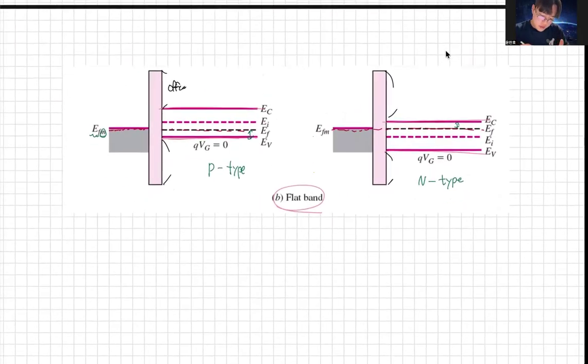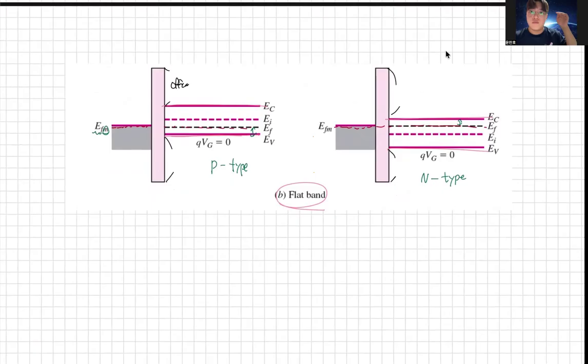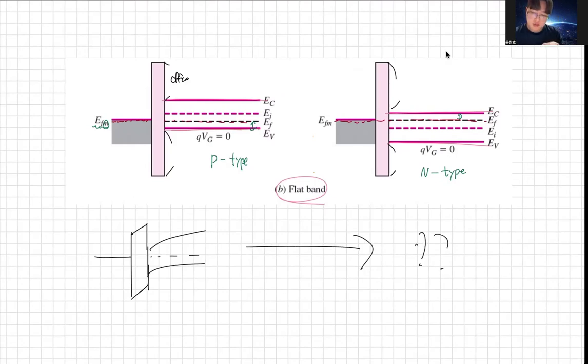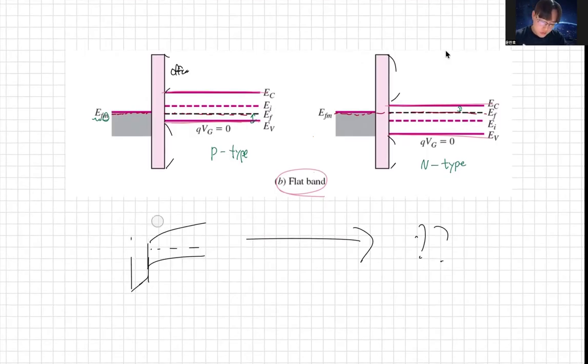If we inject a bias, it looks maybe like this, and this is also similar.